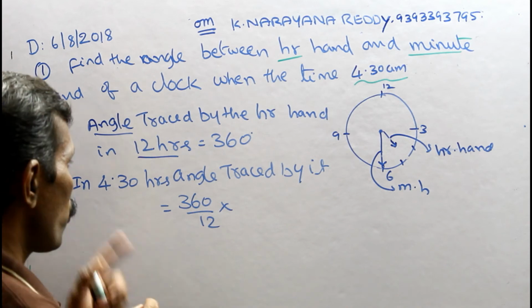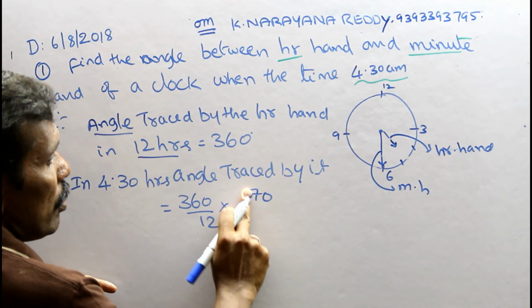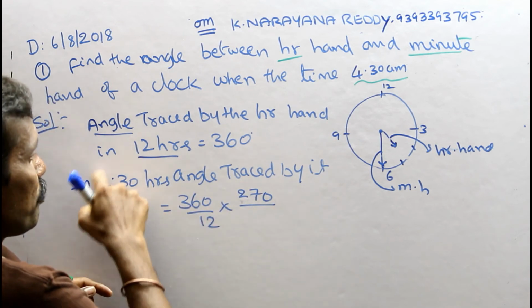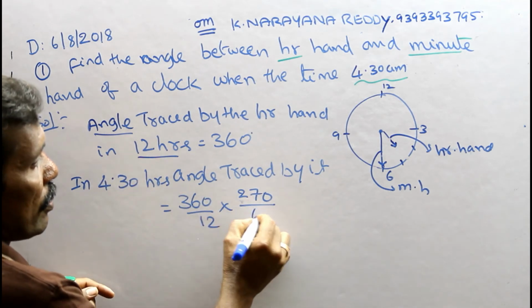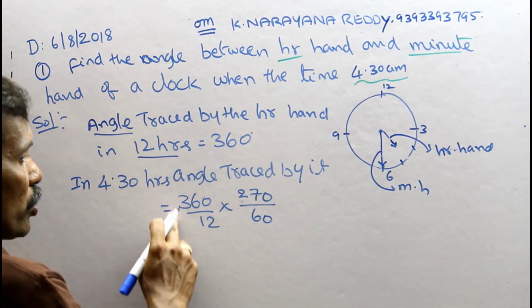How many minutes for 4:30 hours? 270 minutes. 270 minutes divided by how many? 60. This will convert into hours. Yes or not? So this is also in hours.